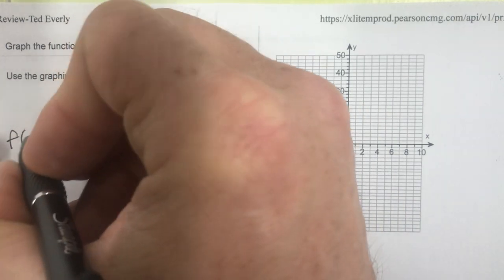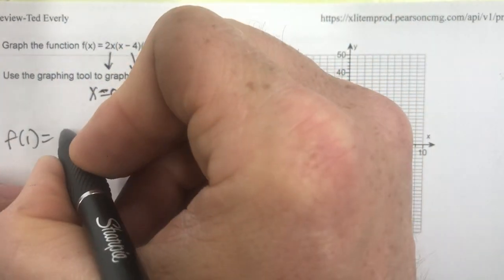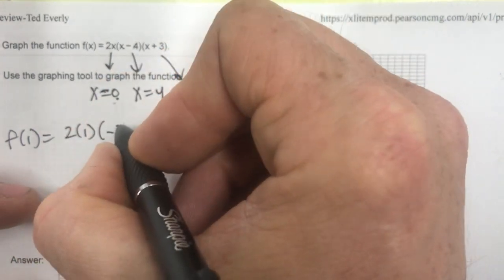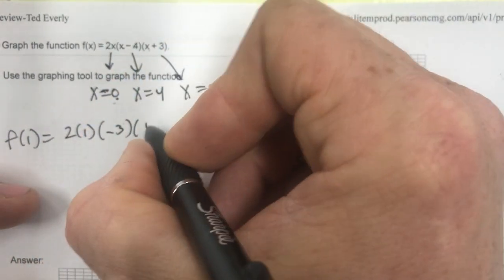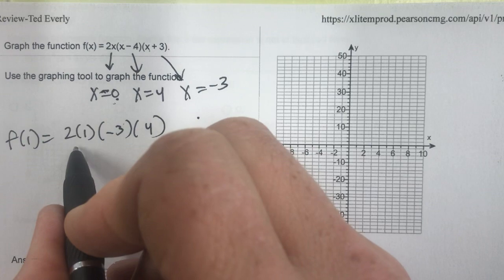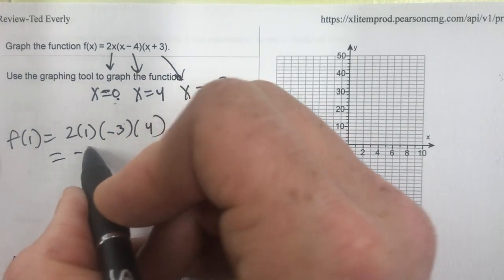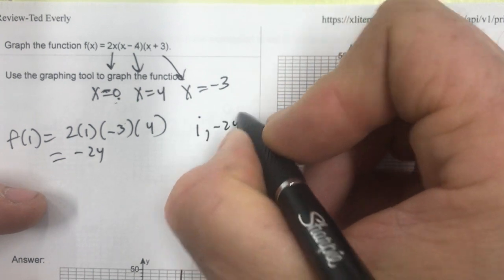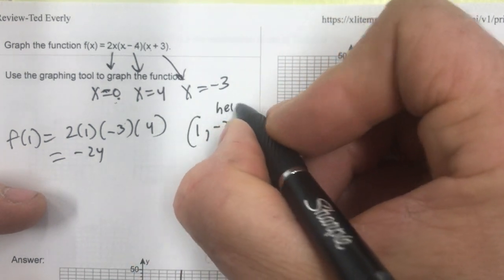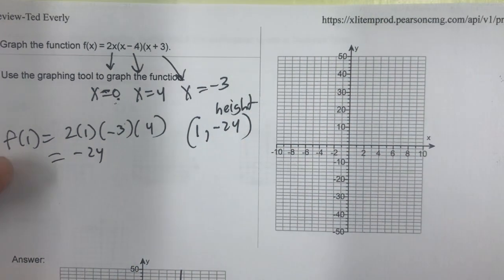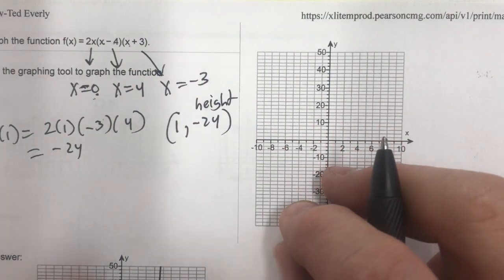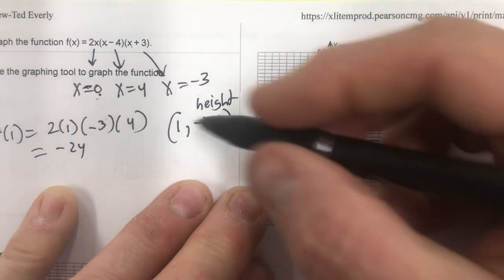So I have to do f of 1. When I do that, 2 times 1, then 1 minus 4 is -3, and then 1 plus 3 is 4. And multiply those, so it's going to be 2, -6, -24. So 1, -24 is my height point that I have to have. And so I just plot these on the computer, starting left to right.